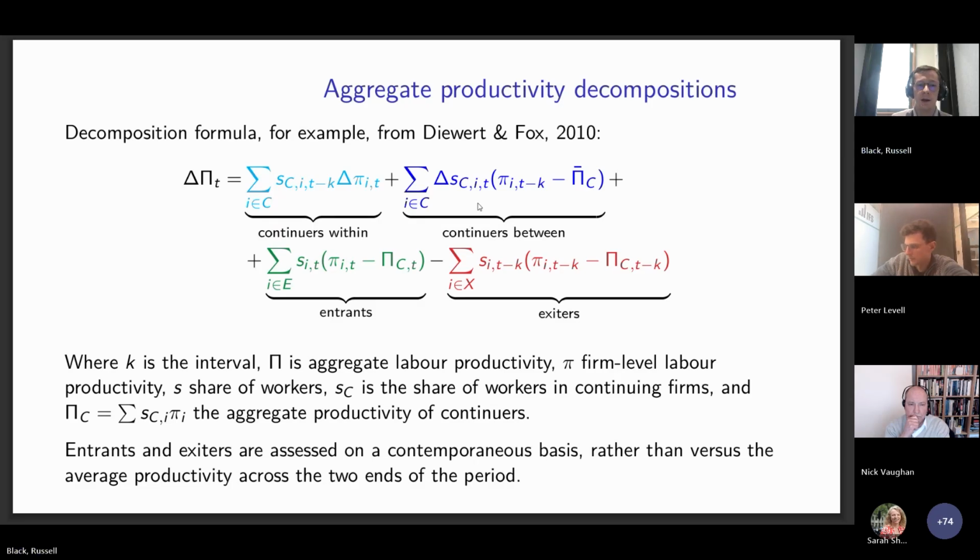So how much economic growth comes from a firm increasing its productivity, everything else held constant, plus how much productivity is coming from a firm increasing its weight in the workforce distribution, holding constant its productivity over time.